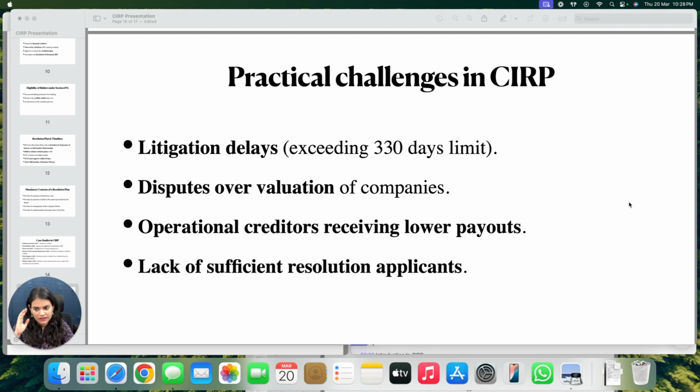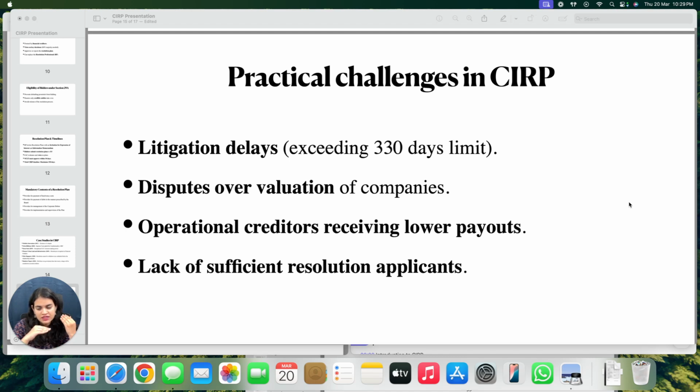There could be litigation delays, and there could be delays by the resolution professional caused due to various factors, non-cooperation from the erstwhile management, or suppose they're not able to obtain the documents, or force majeure reasons, political disparities. There could be several reasons why they are not able to conduct the CIRP within the timeline. And in a more practical and real aspect, there have been instances where the CIRP processes have been going on for years on end.